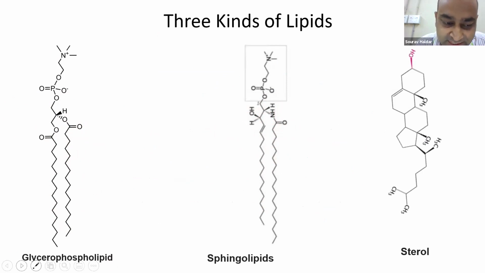So plasmalogen in that sense is kind of a hybrid lipid, which is not exactly a structural lipid and is found under specific situations. Just keep in mind that not all lipids are exclusively formed by ester linkage or amide linkage. Sometimes there could be a combination of the two, for example ether and ester in plasmalogen.